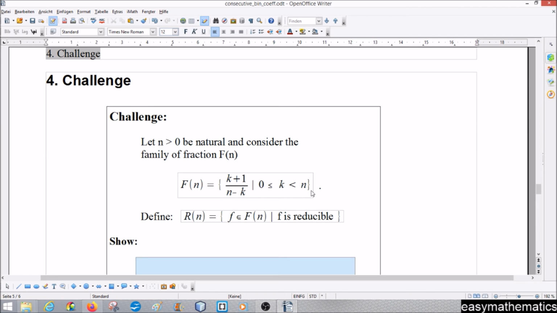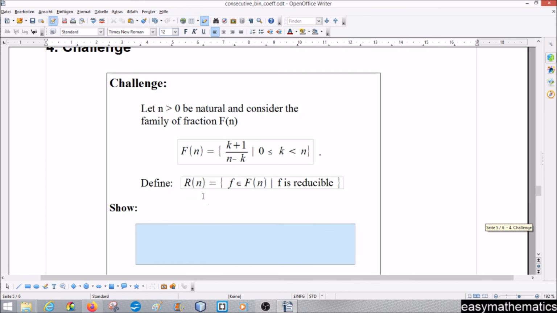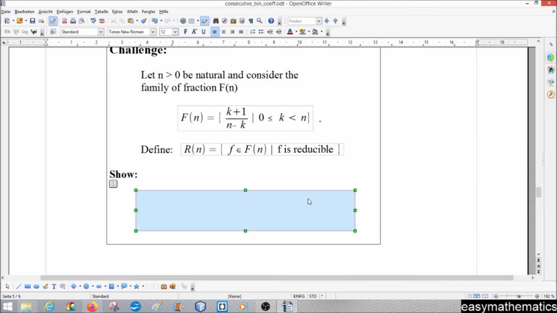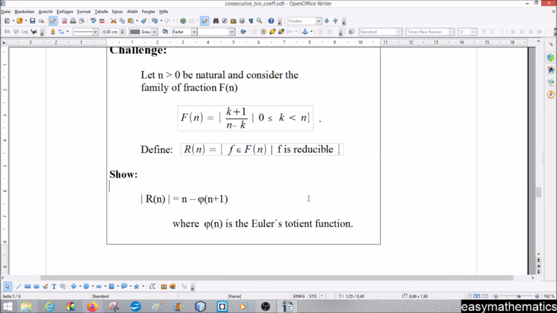Define R of n as the set of all elements of F of n with the property that the fraction is reducible. Show that the number of elements in the set R of n is n minus phi of n plus 2, where phi of n is Euler's totient function.